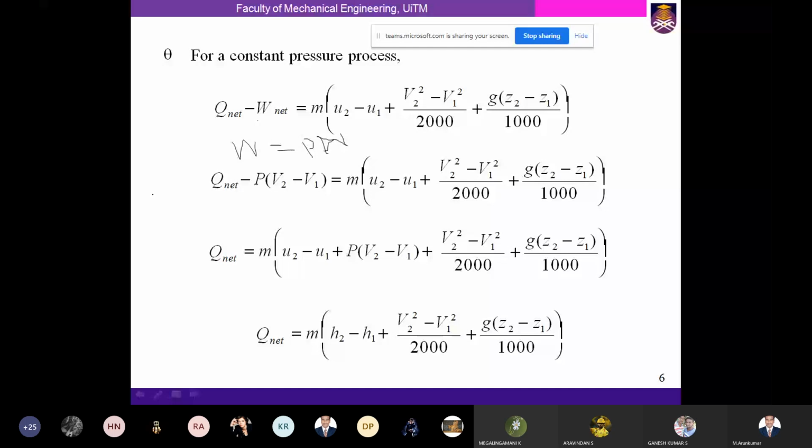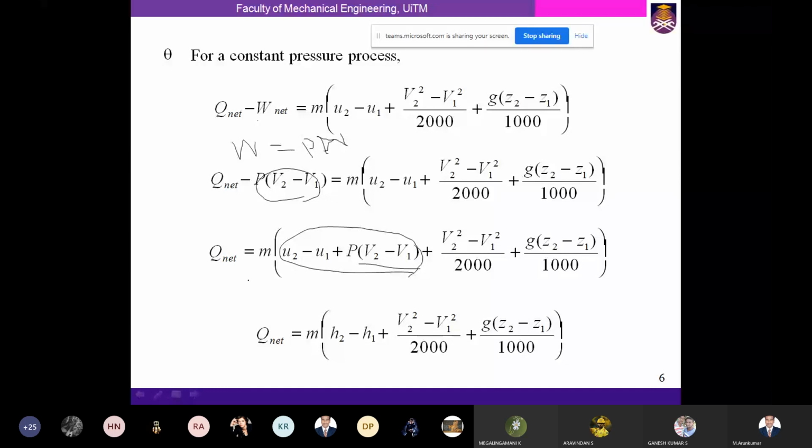Then we can bring this P delta V to the RHS. Then we have U2 minus U1, that is the change in internal energy, plus P into V2 minus V1.